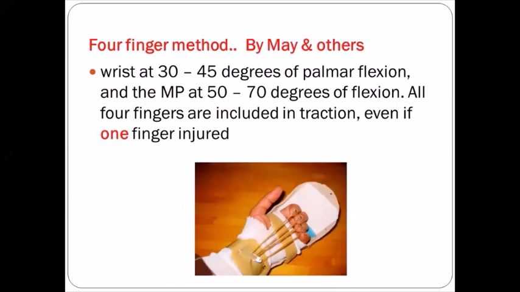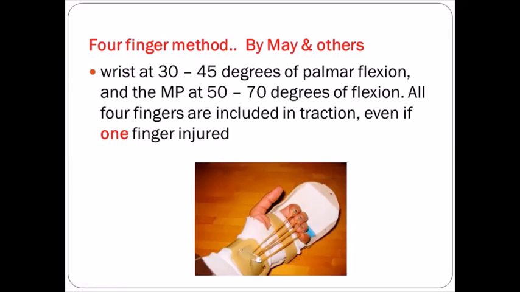Then another concept is the four fingers, whether you are going to use these hooks in all the fingers or only in the affected fingers. Suppose the index finger is affected, so you can go for the index finger like this.